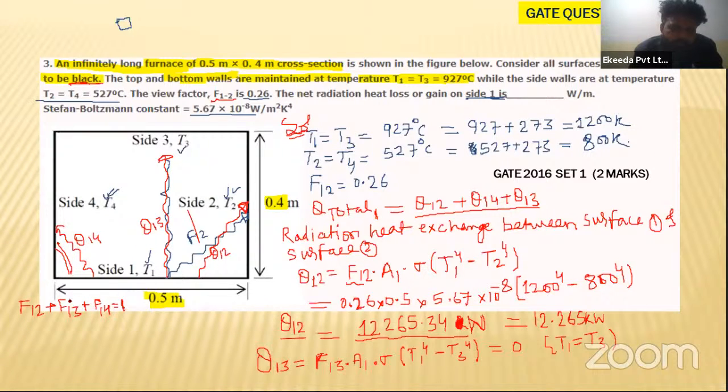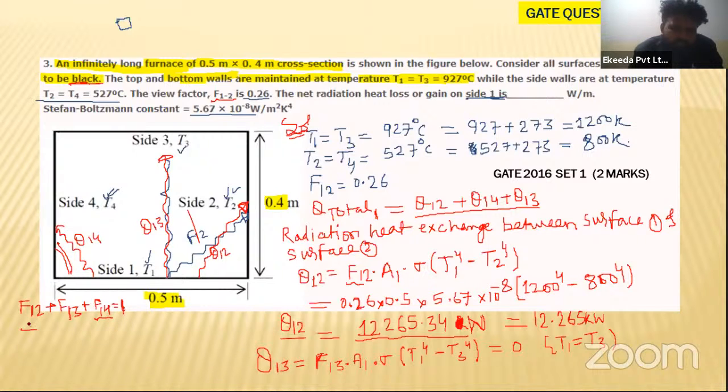Now, if you see the reciprocity theorem, what will happen? F12 they have given, but F12 and F14 are symmetric. So if they are symmetric, and F14 is not given, directly you can have it.